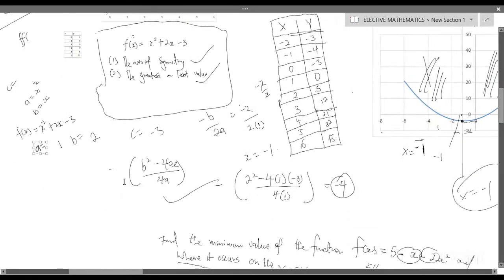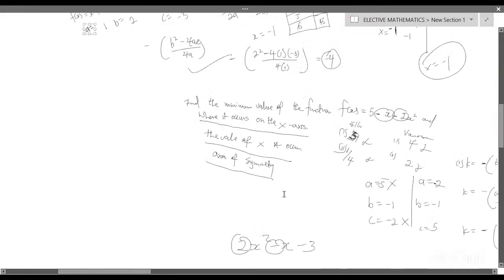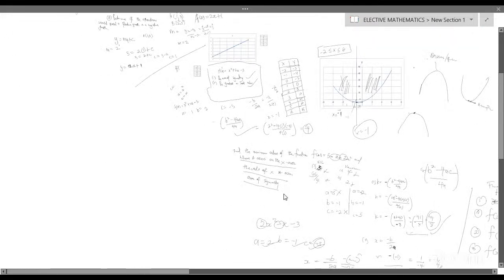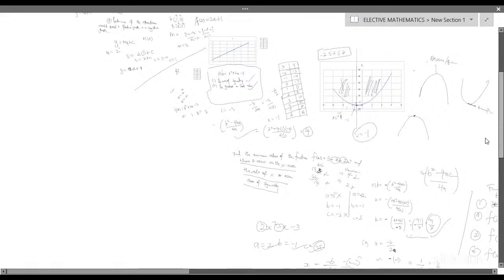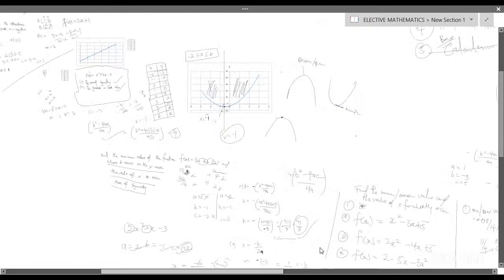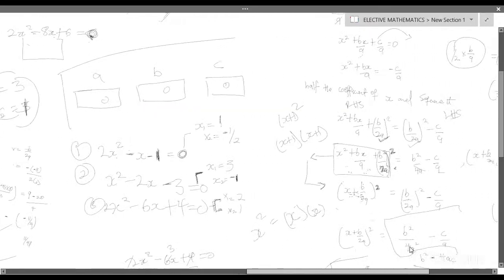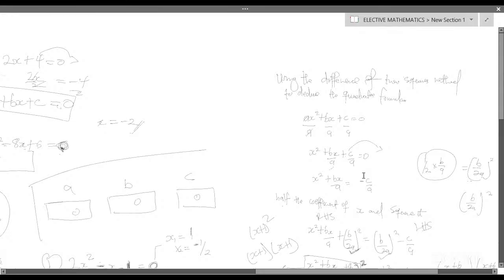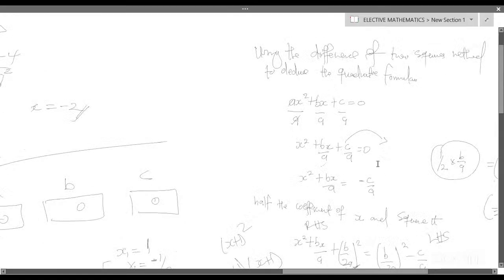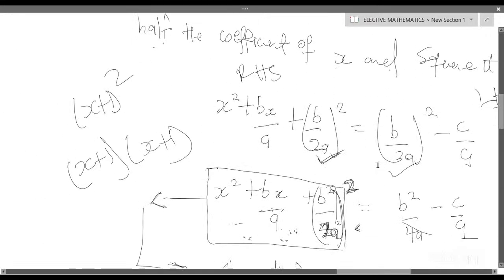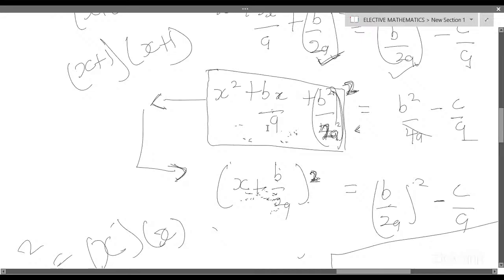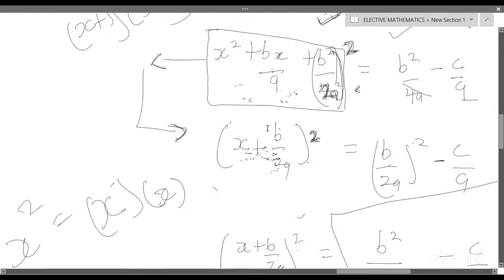When you introduced the topic, completing the square, yes. Okay, so let's go back. Which one, this side?